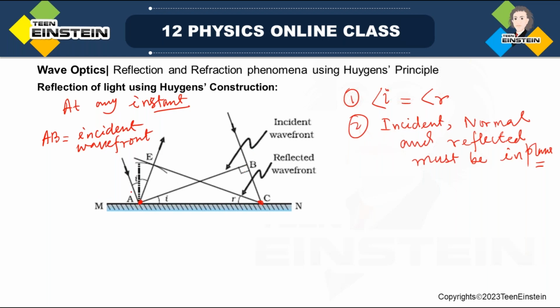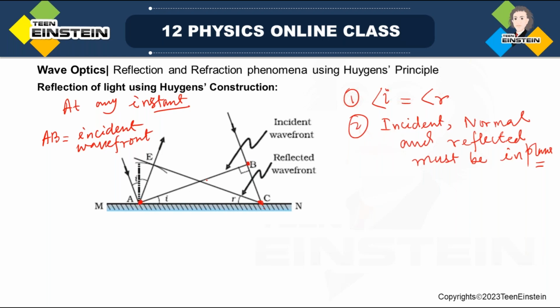Now, what happens by the time the light wave reaches from B to C? There will be secondary wavelets produced by this AB wavefront, right?